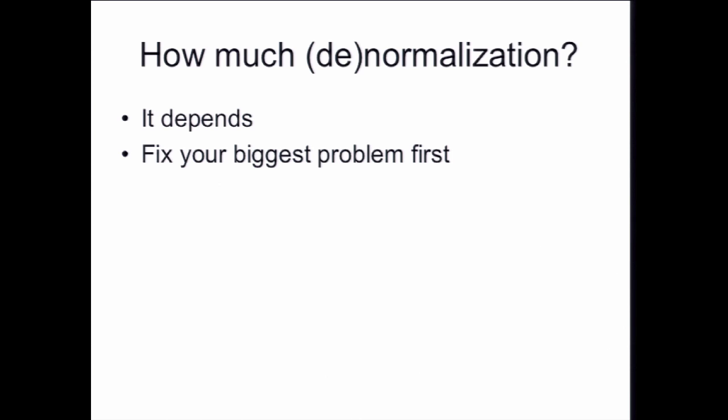If your biggest problem is adding orders into your app, then you'll probably go with the normalized version, because adding orders in the normalized way is simpler. But if retrieving customers together with their orders is the biggest problem, then you'll probably go with the denormalized way that we just saw.